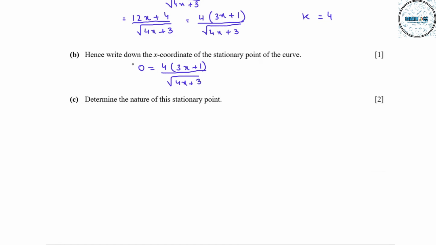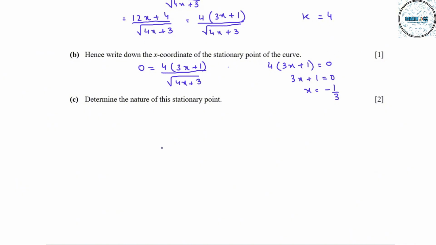So when we multiply this by the denominator, we are left with 4 into (3x + 1) equal to 0. 0 divided by 4 will be 0. So simply we will have 3x + 1 equal to 0 and x is equal to -1/3. So x is equal to -1/3 is the value at the stationary point.